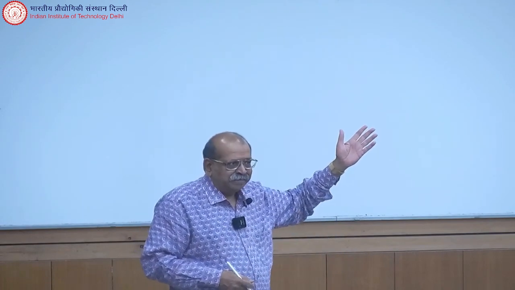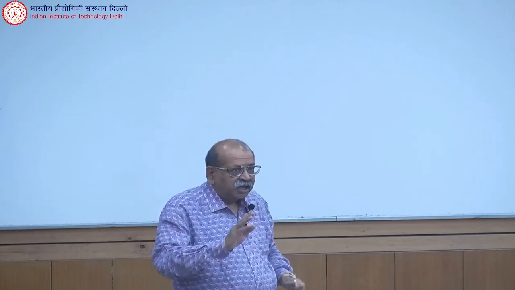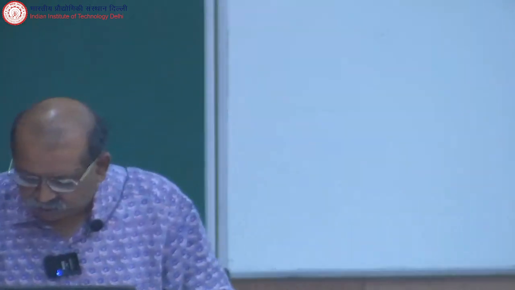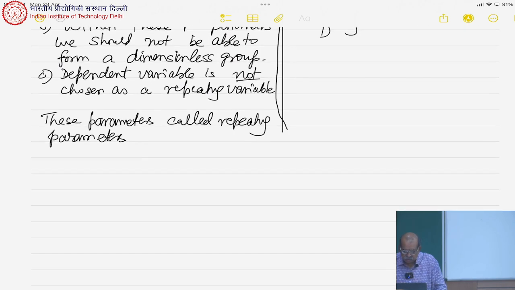We will see that once we take an example. So in addition to not choosing the dependent variable, if a functionality is given between the dependent variable and one of the independent variables, then do not choose that independent variable as a repeating parameter, because that will make life easy. You can choose it and still work it out, but the reason will become obvious in a minute. So for example, here we choose rho, V, D.